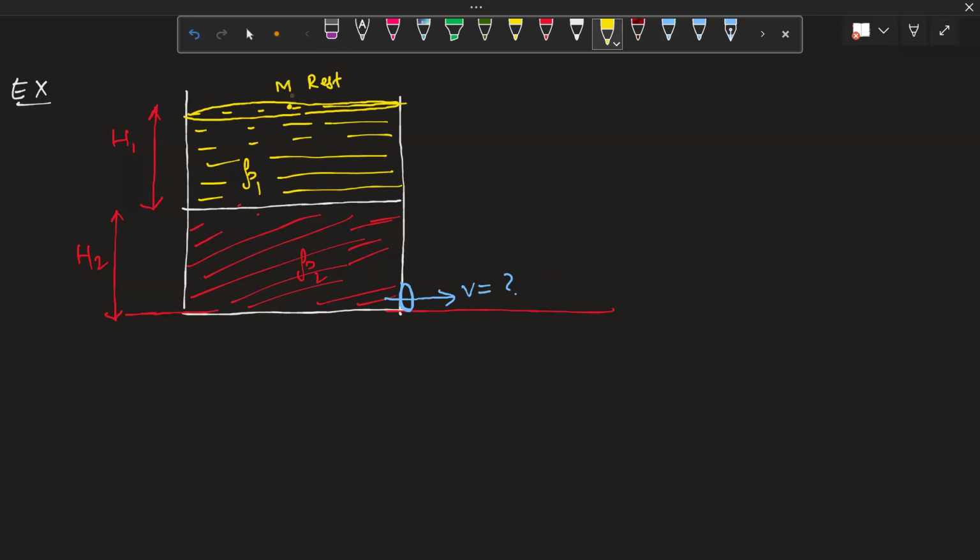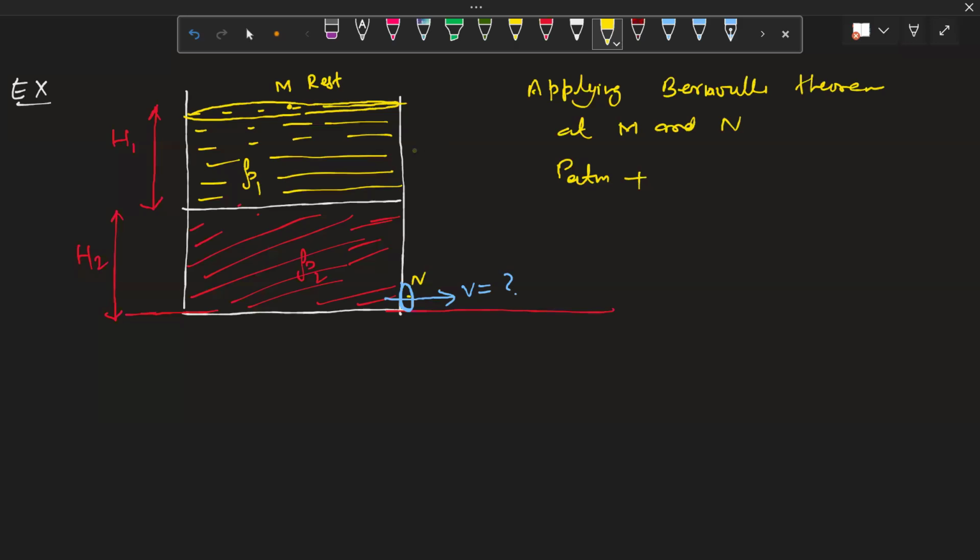So if I take a point here, M, and just outside here, I take as N, and I try to apply the Bernoulli's theorem, applying Bernoulli's theorem at M and N. So at the M, here only pressure is atmospheric because this is the top side of the liquid, and the orifice height is h1 plus h2, so you can write.